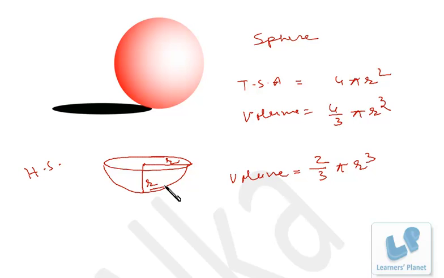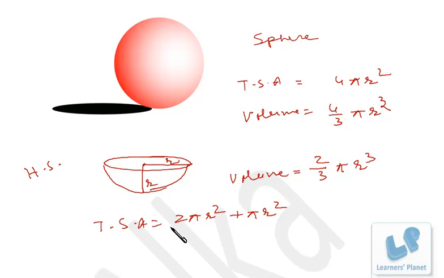But if we talk about the surface area, now listen to me very carefully. Surface area of this outer surface will be half of that, because the total surface area is 4 pi r square. So outer surface will be 2 pi r square, right? But again, if there is a lid on the top surface, then this lid will definitely be circular. Then the area of circle will be pi r square.